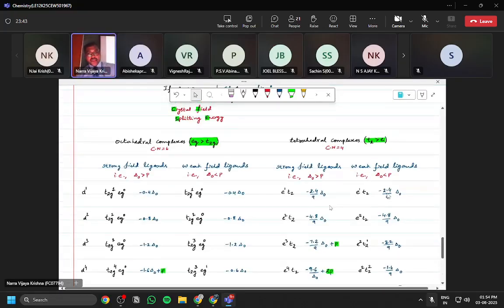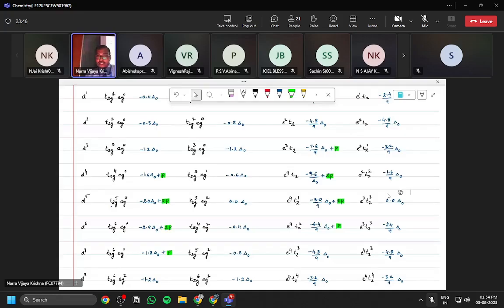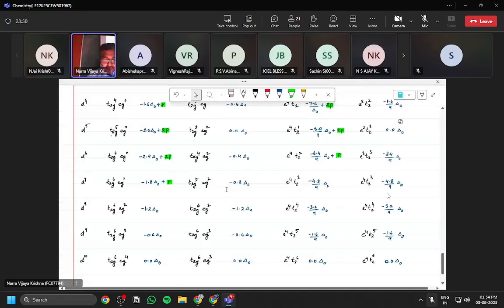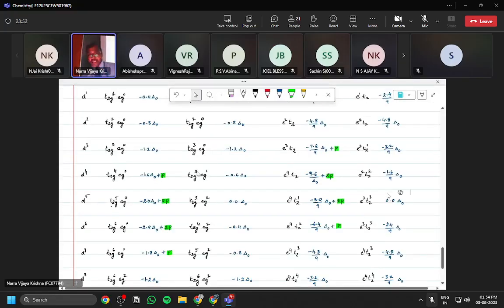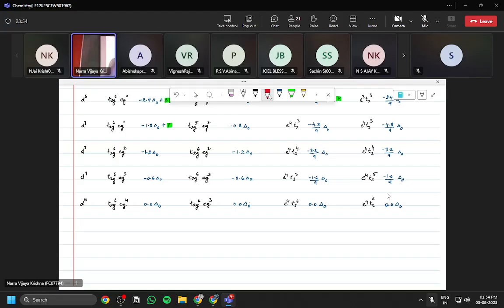Any questions in it? Now, next point. Actually, this is not in our syllabus, but in 2017, maybe 16 or 17, in the JEE Advanced paper, they framed one question under the name Jahn-Teller effect.